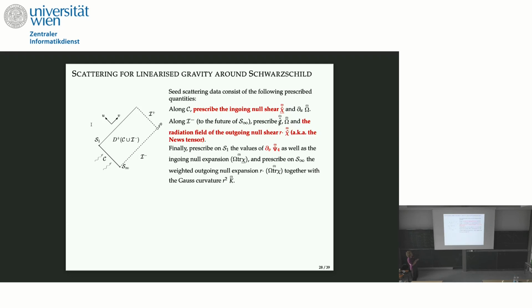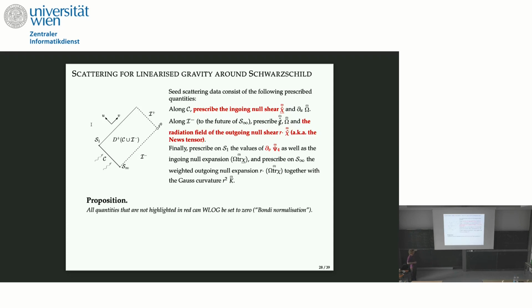Along this ingoing null cone, you need to prescribe the ingoing null shear. Along past null infinity, you need to prescribe the outgoing null shear, which is the same thing as the News tensor. Finally, and this is slightly funny, on one sphere up here, you need to prescribe the transversal derivative of psi4. You also need to prescribe all kinds of other quantities, but the nice thing is that they can be set to 0 by addition of pure gauge solutions, so they don't carry any physical degrees of freedom.